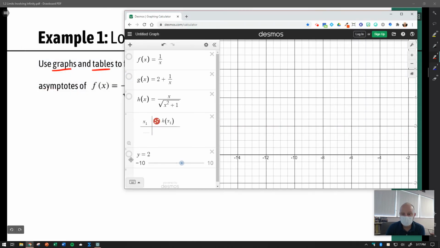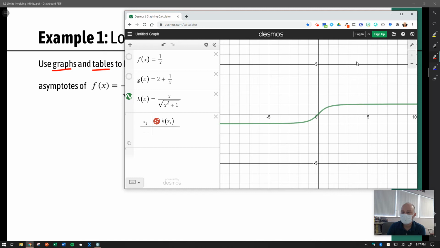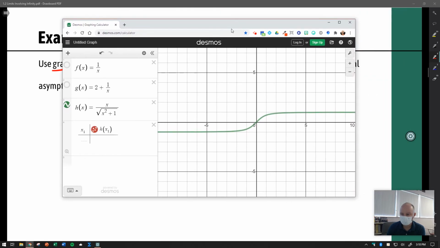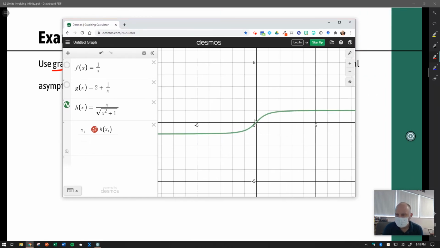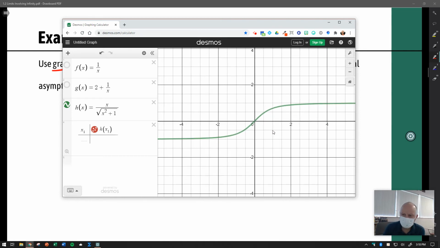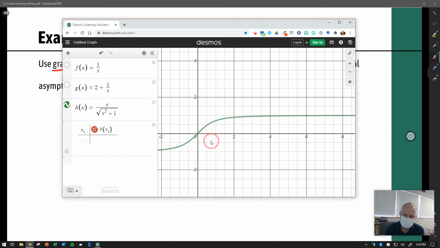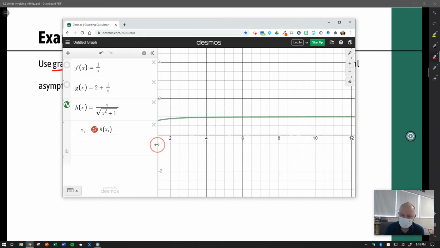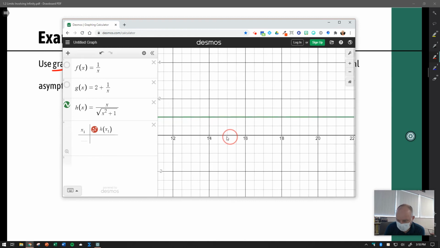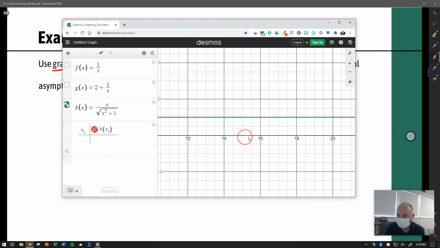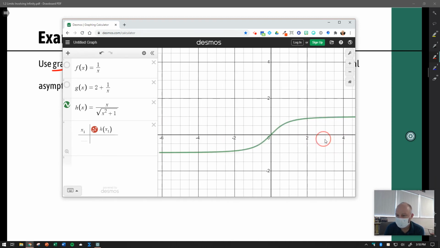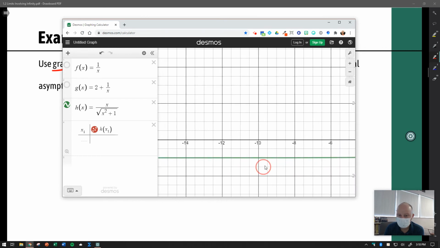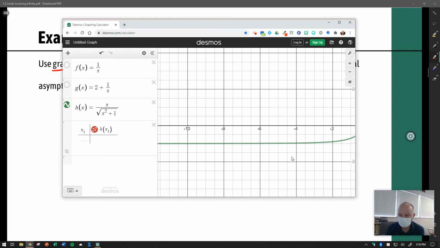Let's hide this graph. Let's delete that one and take a look at x over the square root of x squared plus 1. So here it is. Slightly different looking graph than the previous two examples because it seems to me that to the far right, this graph is leveling off at one value, and then to the far left, this graph is leveling off at a completely different value.